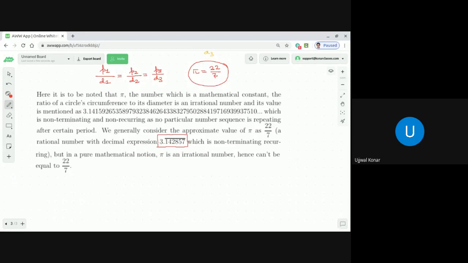So with all this, dear students, I would like to conclude the class for today. In the next class, we will discuss in detail irrational numbers and how we can represent rational and irrational numbers on the number line, and relevant problems.